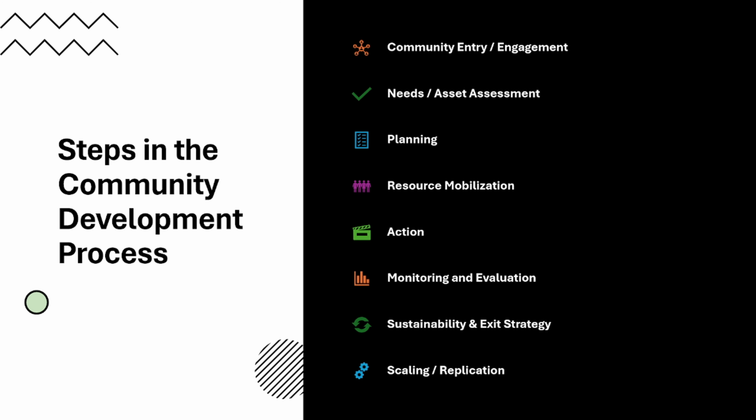The second step is needs and asset assessment. Once the trust is built, the next step is gathering information to understand what the community needs, and just as importantly, what strengths it already has. This includes mapping local assets like skilled individuals, existing organizations, informal networks, or physical spaces.